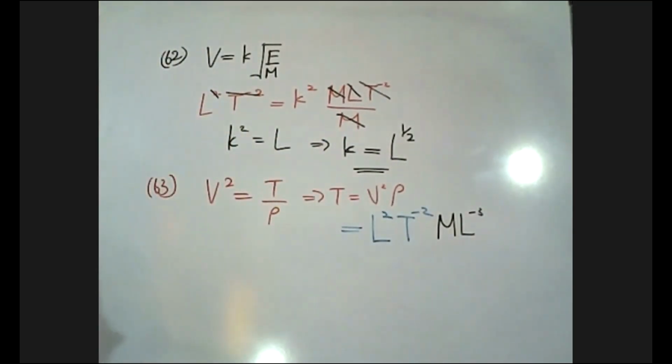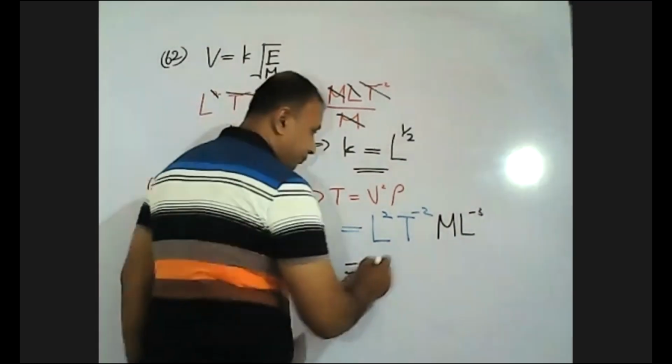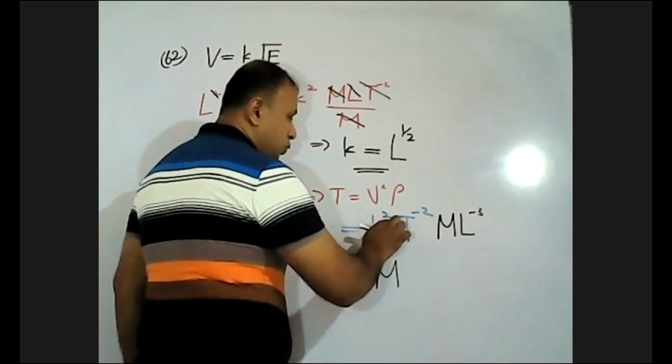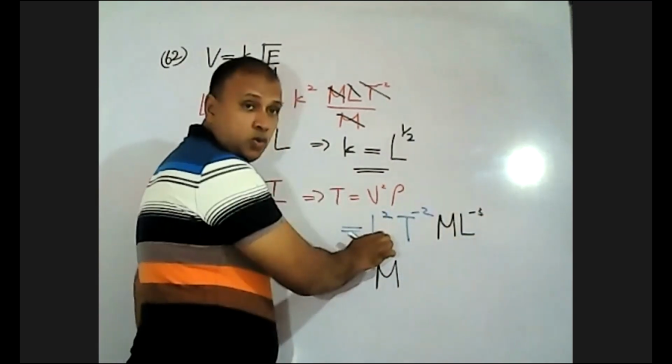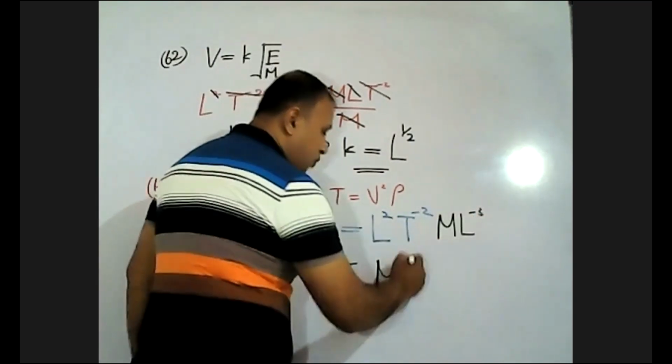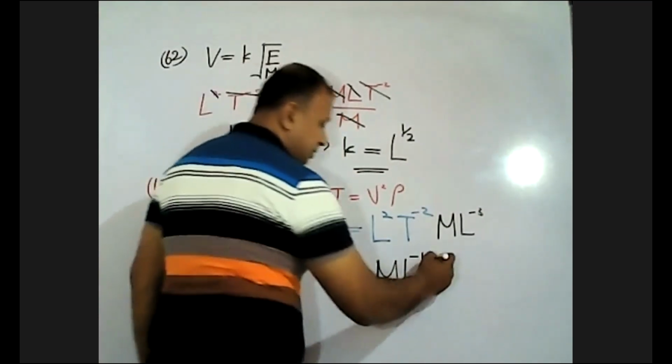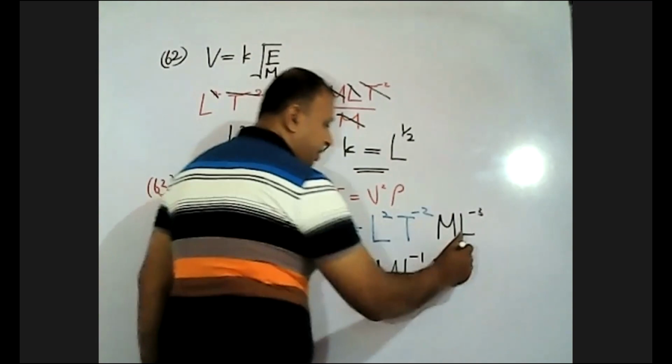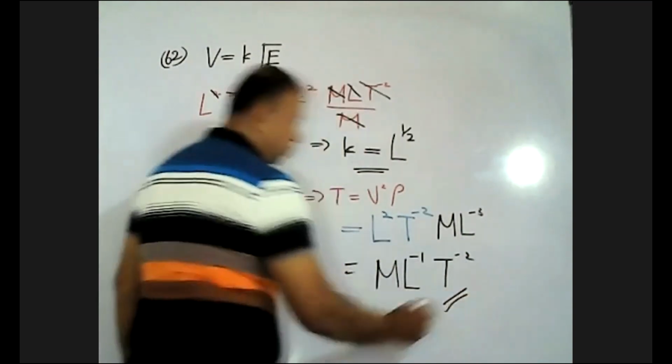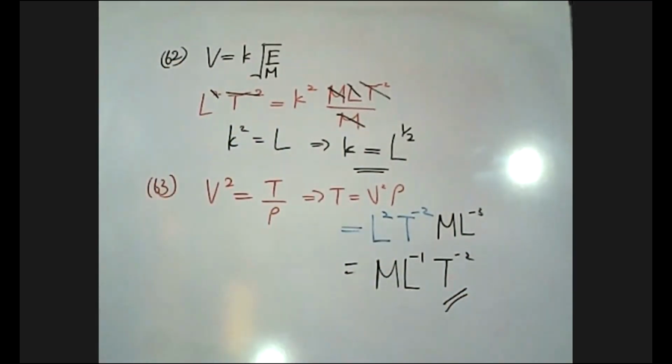M, L minus 1, T minus 2. For L, 2 and minus 3 means minus 1. So L to the power minus 1. Then T to the power minus 2. So the answer is the fourth one.